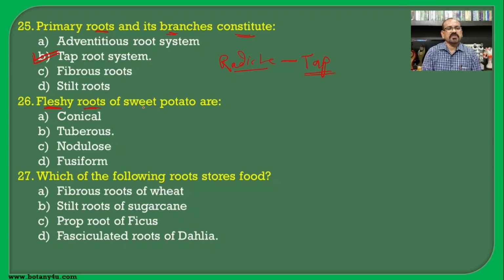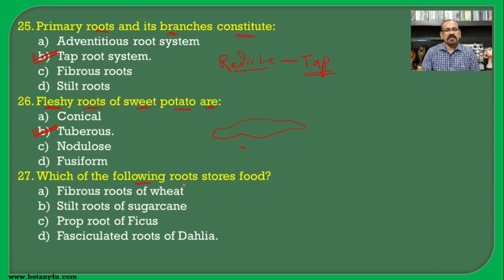Then fleshy roots of sweet potato are, if you see the sweet potato, such type of fleshy roots are there, and these are examples of tuberous roots.